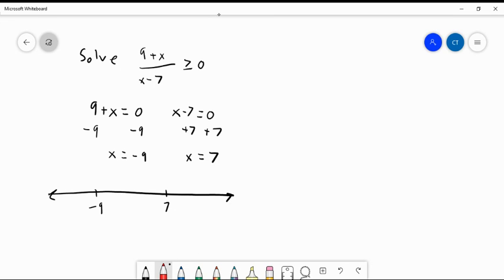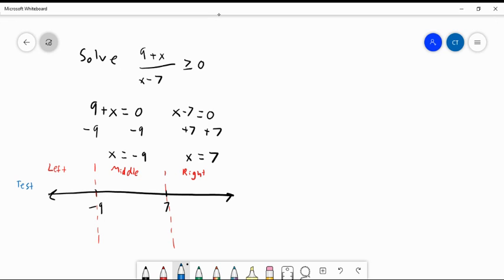Note that these two numbers divide your number line into three separate regions: a left region, a middle region, and a right region. From each region, we are going to pick a test point.